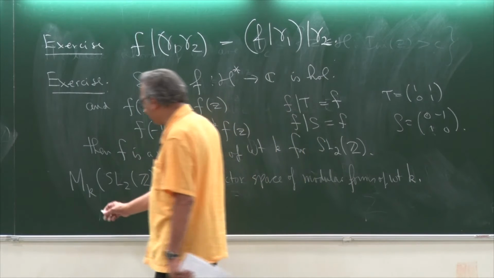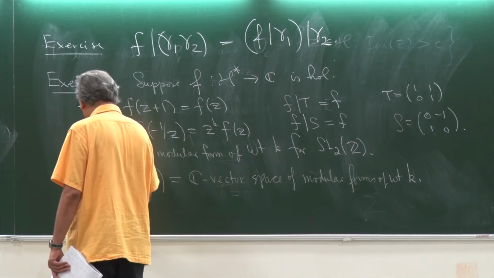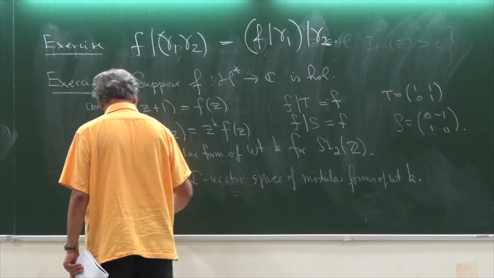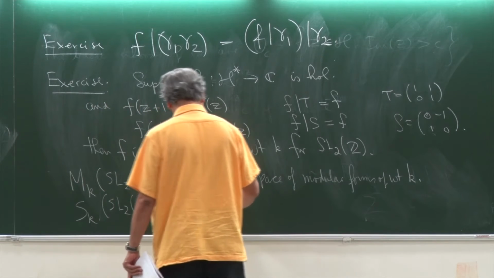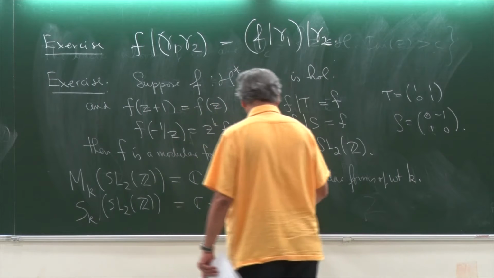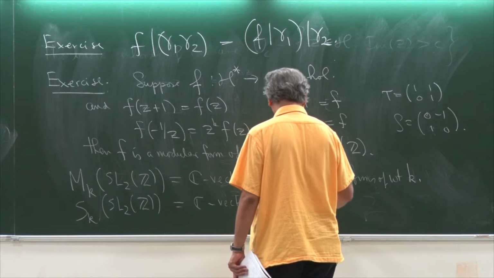And inside this thing, we have a subspace of cusp forms, the C vector space of cusp forms of weight k.